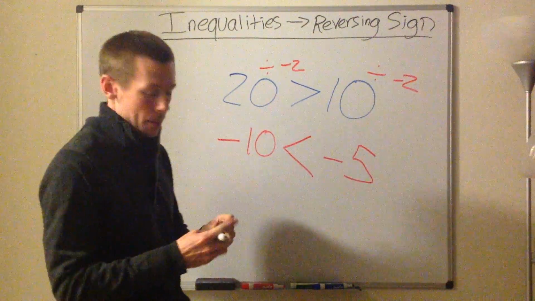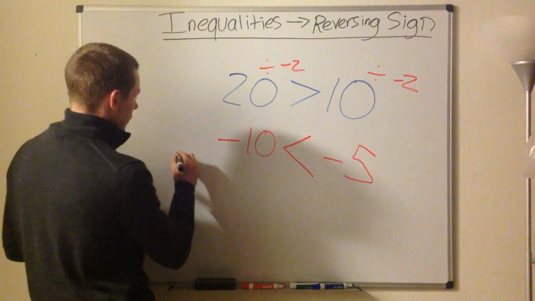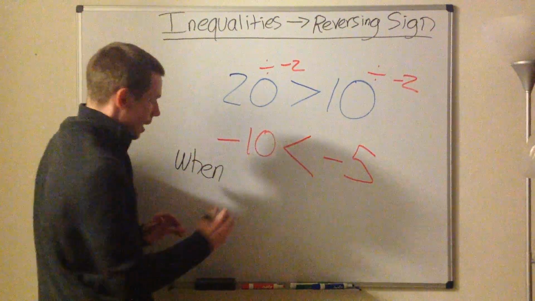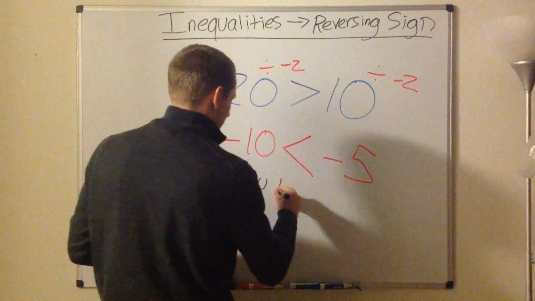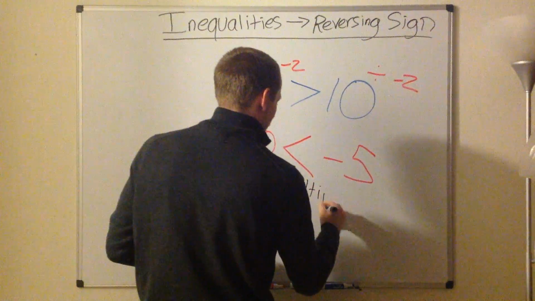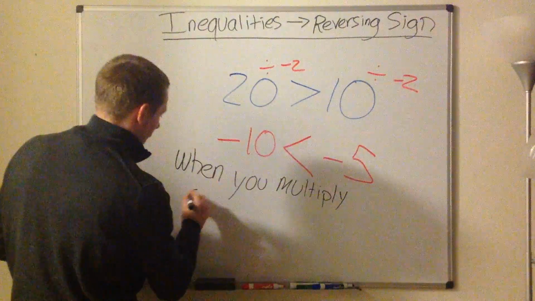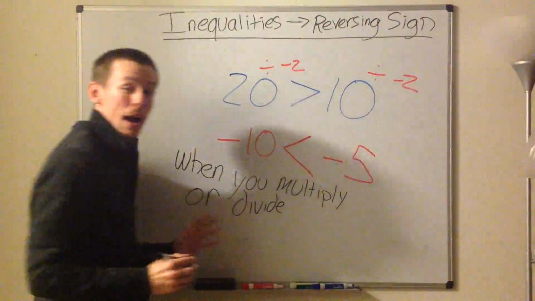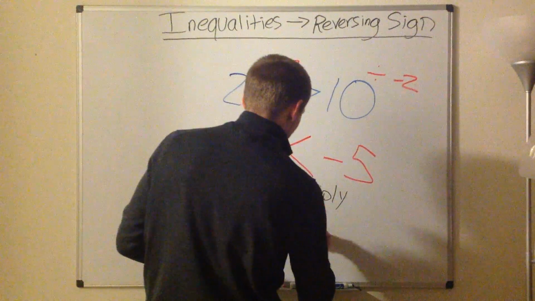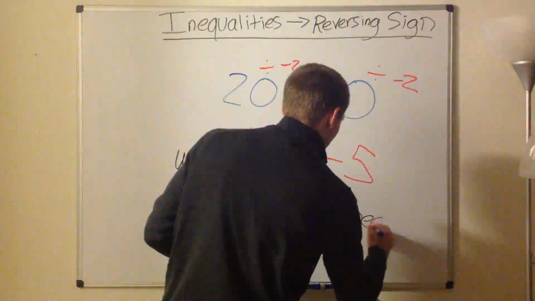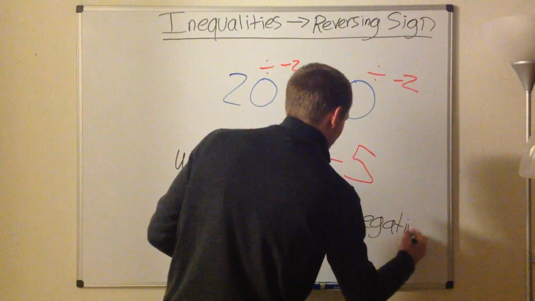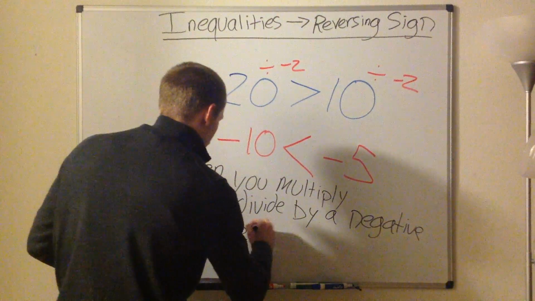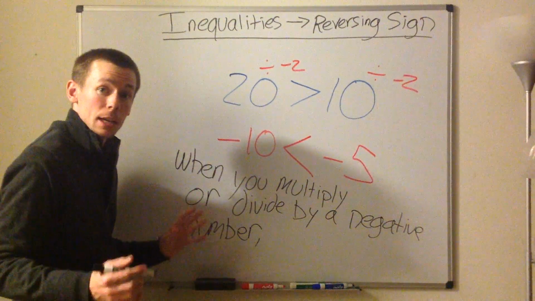So the end result, or to sum up, when you multiply or divide by a negative number, you must switch the inequality symbol.